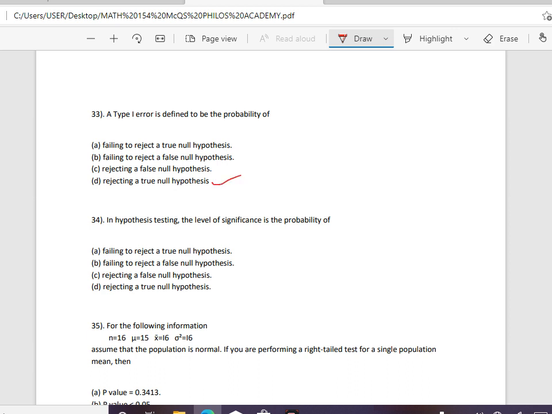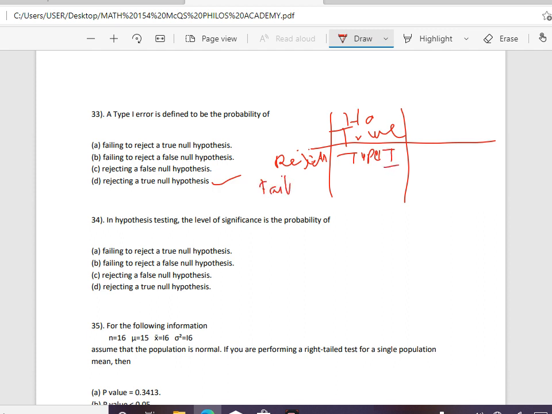When the null hypothesis H0 is true and you reject it, it's called a type 1 error. But when you fail to reject it, you've made the right decision.